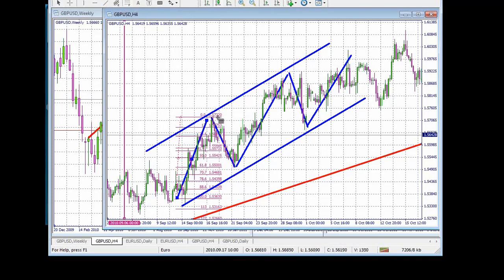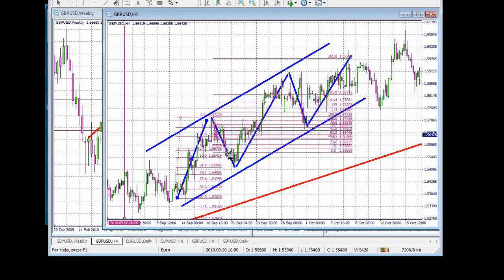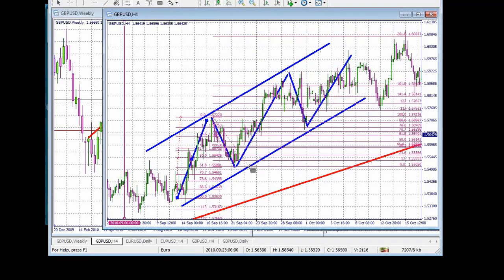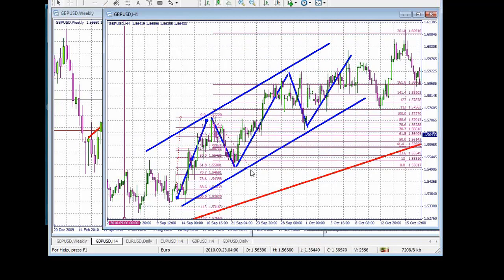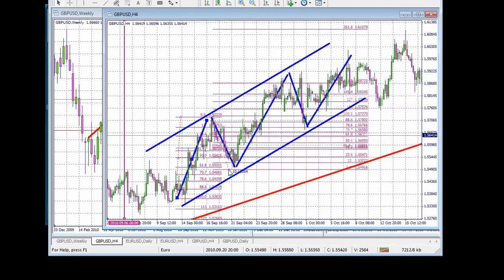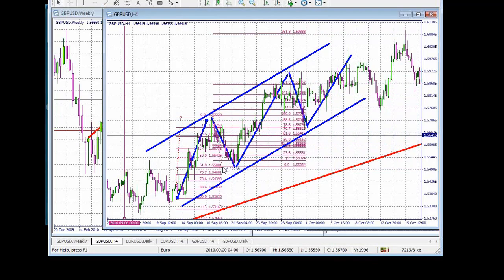For the second wave, we put Fibonacci at the high that was made by the first wave, and we drag it up to the low made by the second wave, at the point where the currency makes the reverse and starts the third wave. In this case, I will drag it.